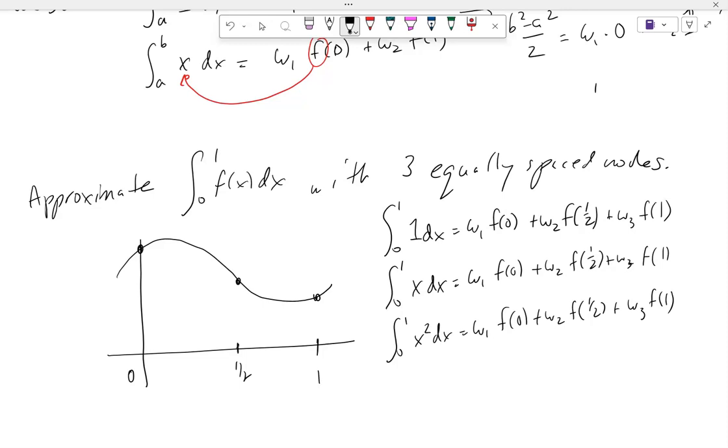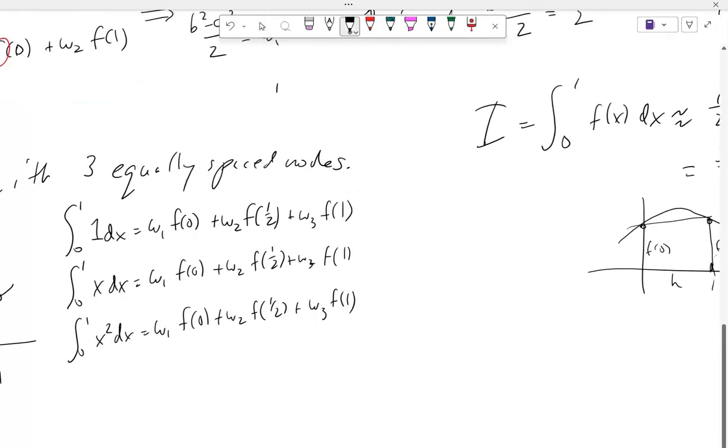All right. Let's simplify our system here. Let's do the left-hand sides first. What's the integral of 1 on the interval from 0 to 1? Just 1, right?